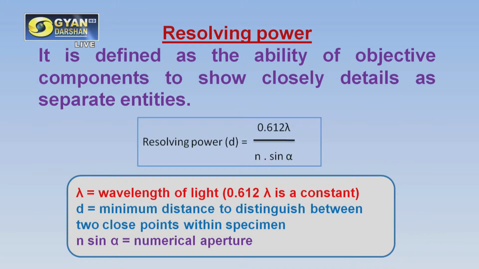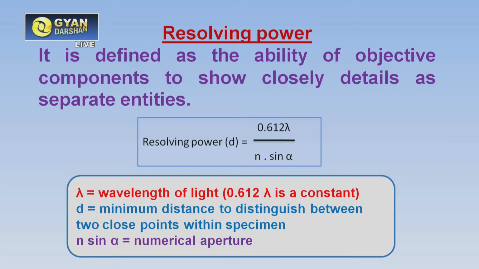Now I come to the resolving power. Resolving power is the ability of the optical components of a microscope to visualize two closely spaced points as separate entities. The resolving power of a microscope depends on the wavelength of light and sin alpha. This is the formula you can see here: resolving power D is equal to 0.612 lambda upon n sin alpha.